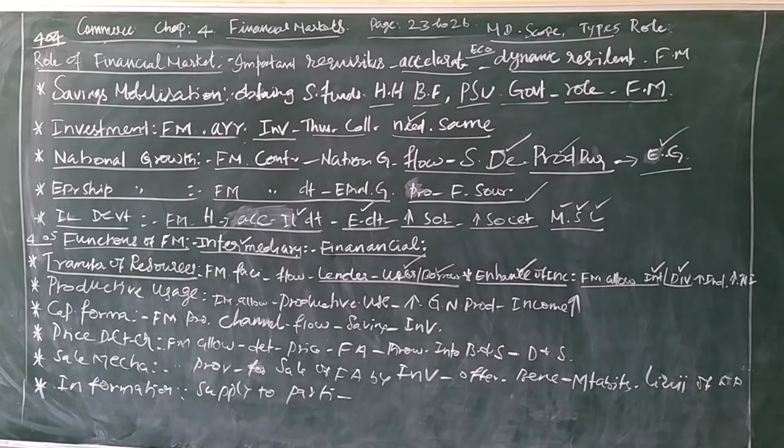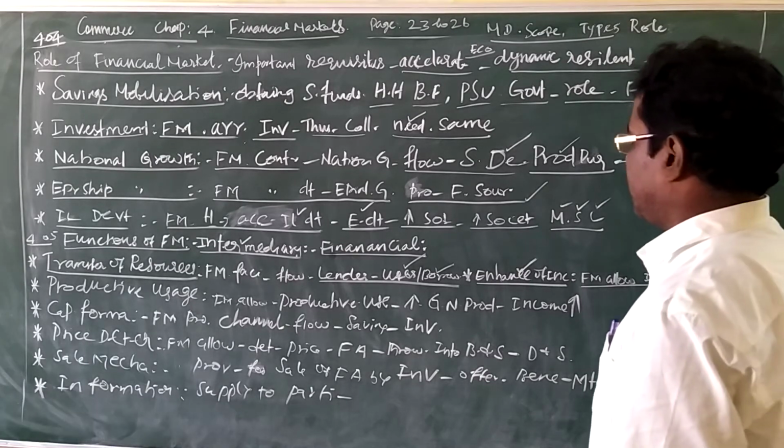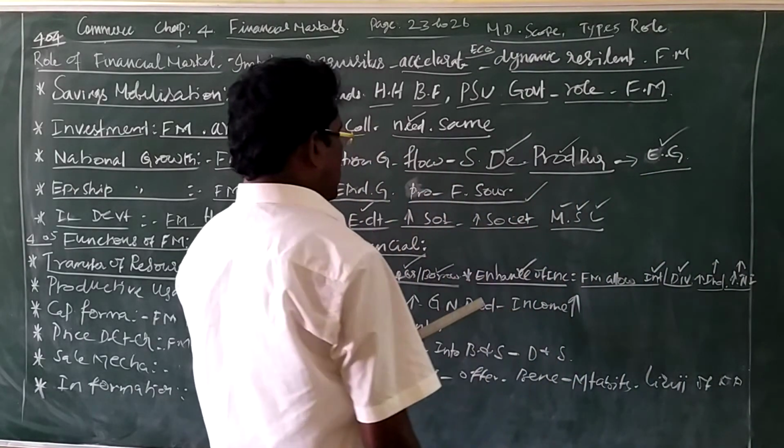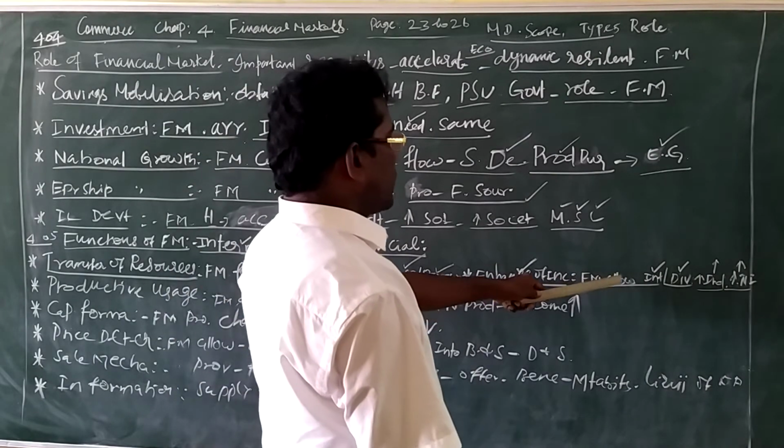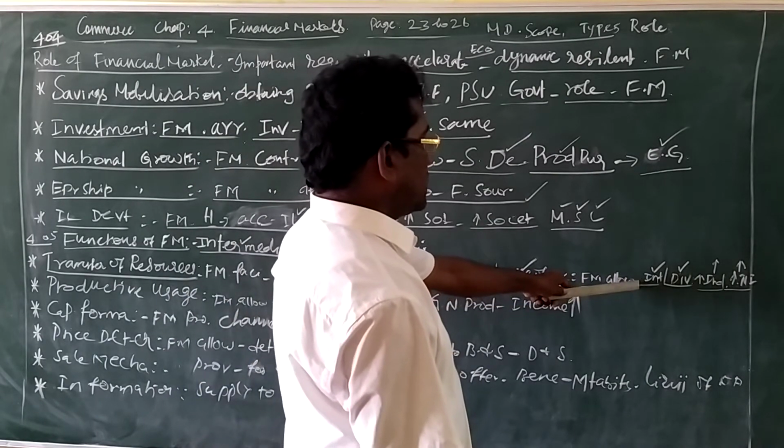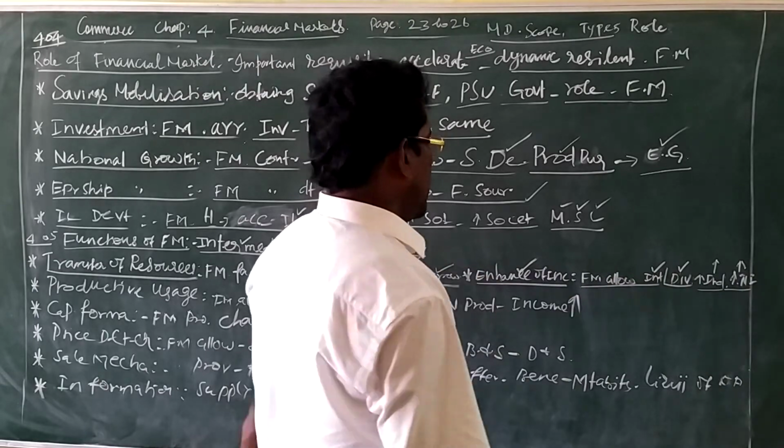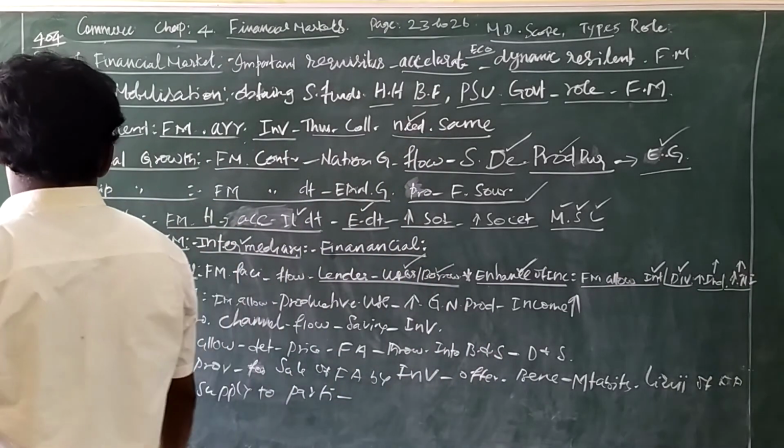The surplus money invested by the savers earns income in the form of interest and dividend. So it helps to increase the income of the individual. Once the income of the individual increases, automatically the national income also increases. So this is the second one, enhancement of income of the individuals, investors as well as the national income.